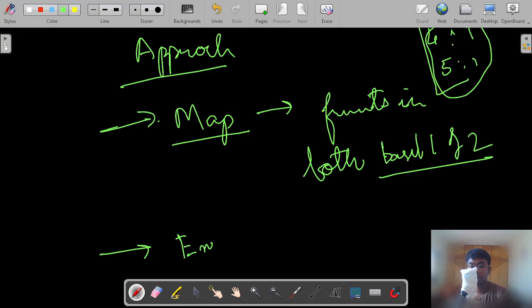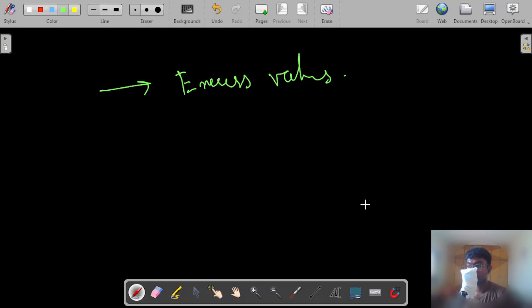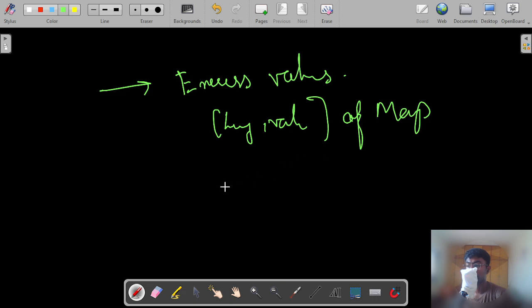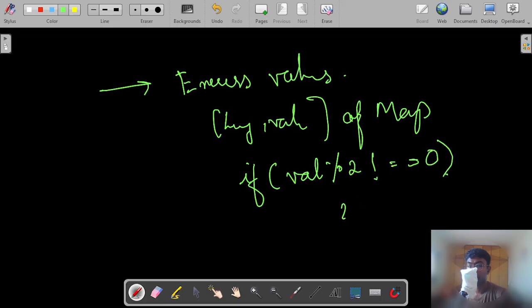For example, we can iterate through this map and take the key and value of the map that we have built, and if any value mod 2 is not zero, meaning it's not even, then it can never be shared, and we return -1 saying that they cannot be made equal, right?